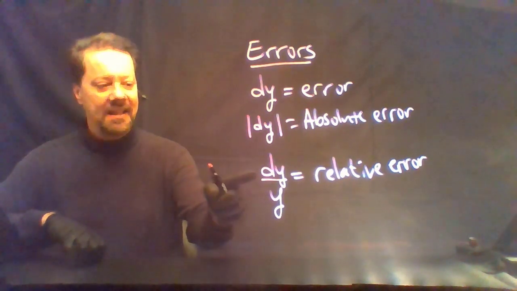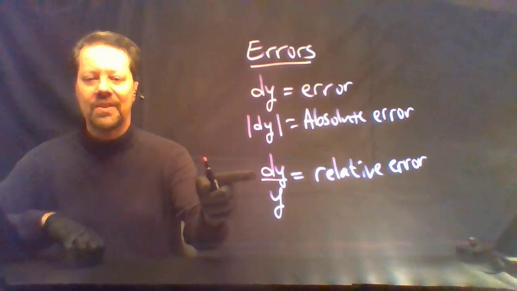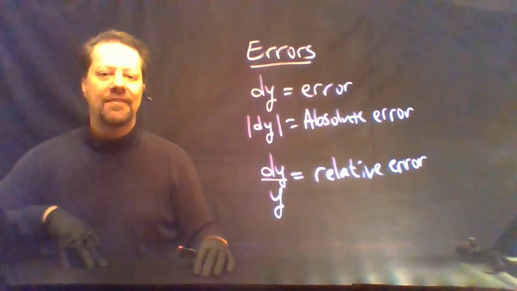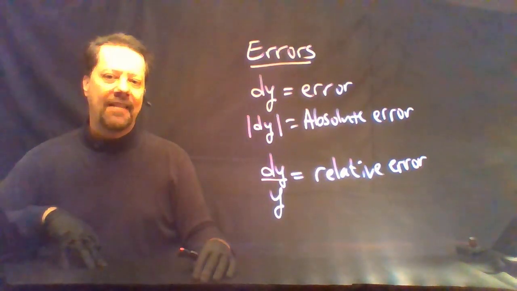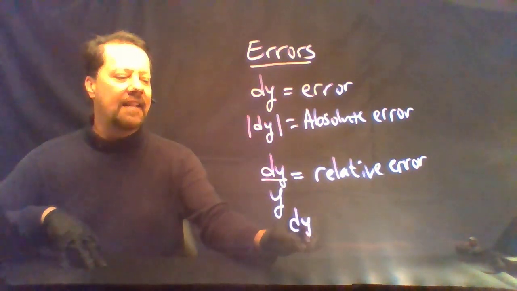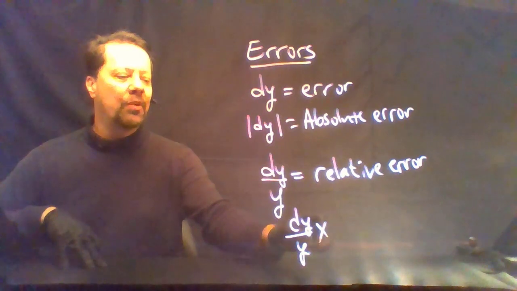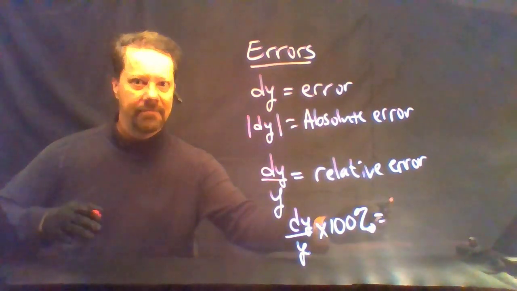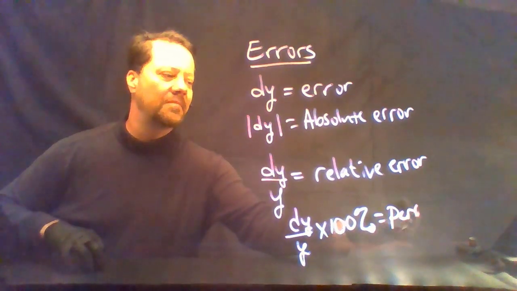So the error itself doesn't tell you the whole story. The error divided by how big the quantity is gives you the relative error, and that's much more important in many circumstances. If I take that relative error and multiply it by 100%, that's called the percent error.